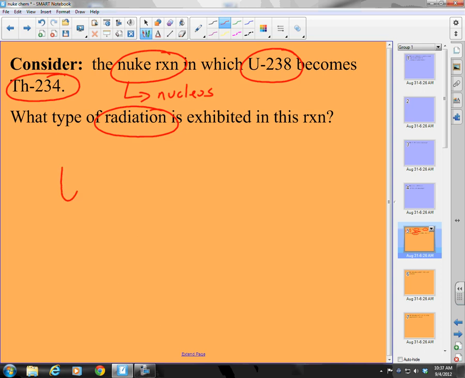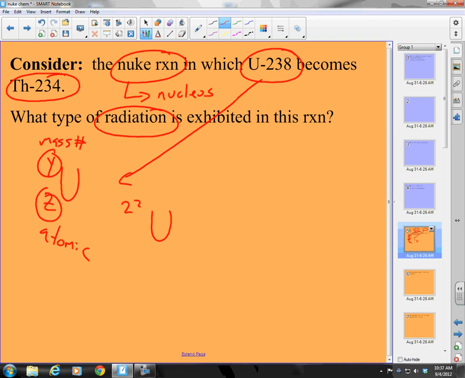We start with uranium-238. Now I'm going to write this in our old form of symbol, with Z as my atomic number and Y as my mass number. So let's rewrite this uranium-238 in that form. I look in the periodic table and say U is 92. That's my atomic number.